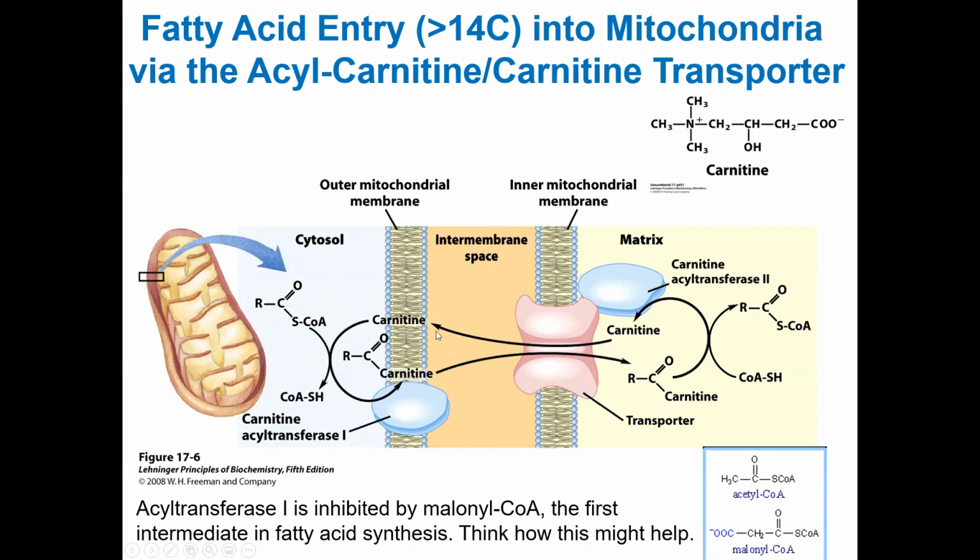Carnitine leaves through the same transporter that was there in the inner mitochondrial membrane and goes on and brings another molecule of fatty acid. It keeps doing it until the concentration of fatty acid drops in the cytosol.